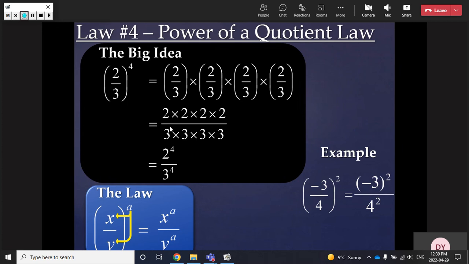Because that negative is inside of the brackets, it's also going to be squared with the 3. It's situational. There are times where the negative is outside of the brackets, in which case we wouldn't touch it. But in this case, it's on the inside of the brackets, so we have to work with it. We could leave it like that, but we can go one step further to simplify. Negative 3 squared ends up being positive 9 over 4 squared, which is 16.